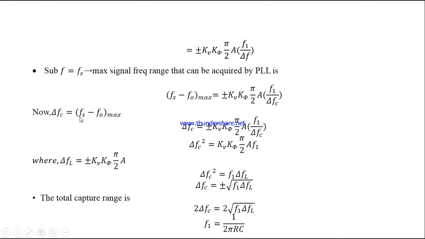After substituting the value for delta fc, and taking delta fL equal to this value, the total capture range can be given as 2 delta fc equal to 2 times root of f1 into delta fL, where f1 equal to 1 by 2 pi RC.